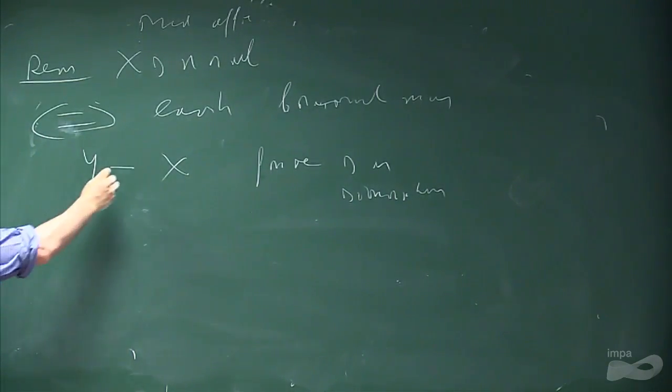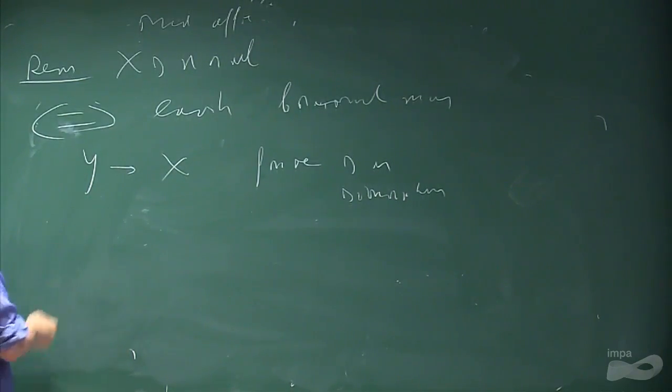Suppose X is irreducible and affine. To see that, you just notice what it means that it is birational.